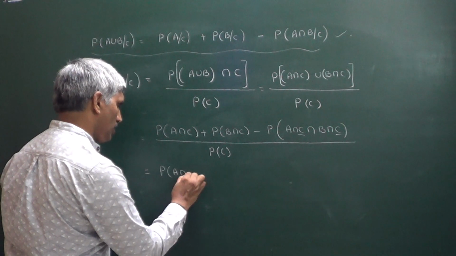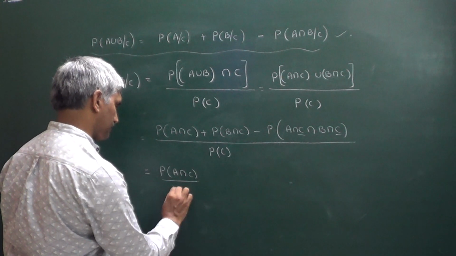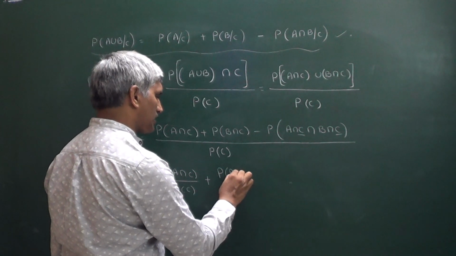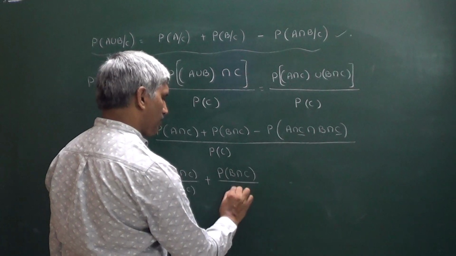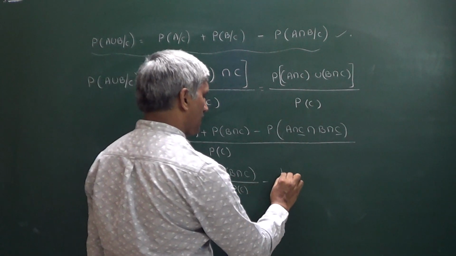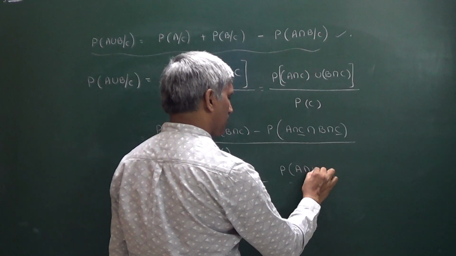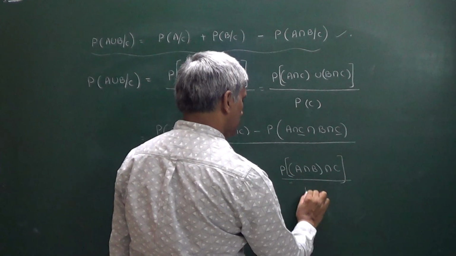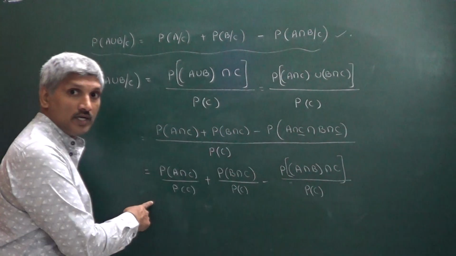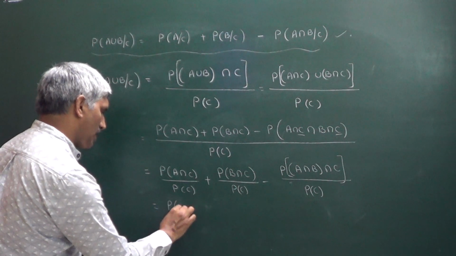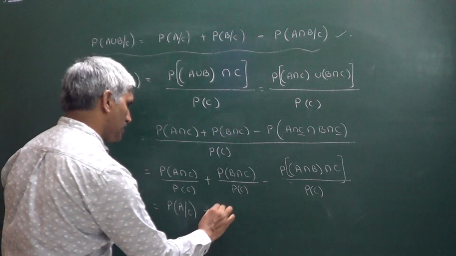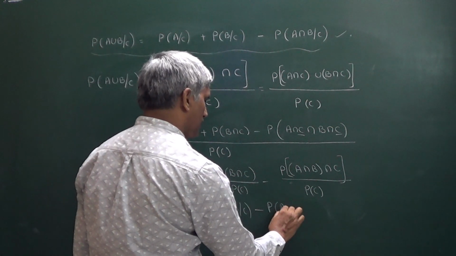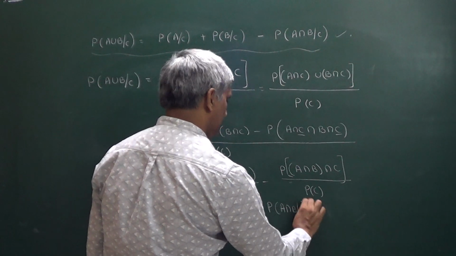Now this is equal to P(A ∩ C) divided by P(C), next P(B ∩ C) divided by P(C), and next minus P(A ∩ B ∩ C) divided by P(C). What can we write this as? P(A|C), next P(B|C), and next P(A ∩ B | C).